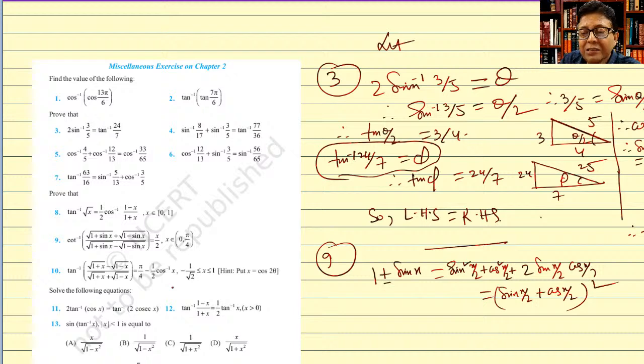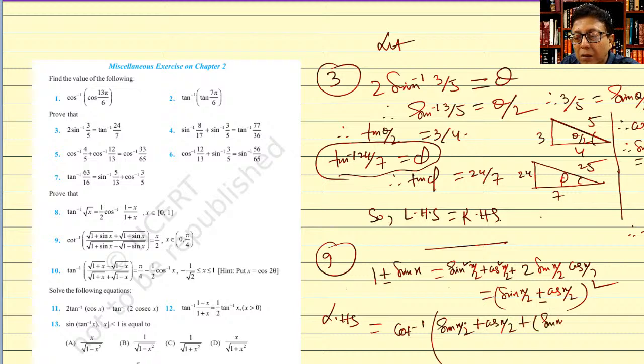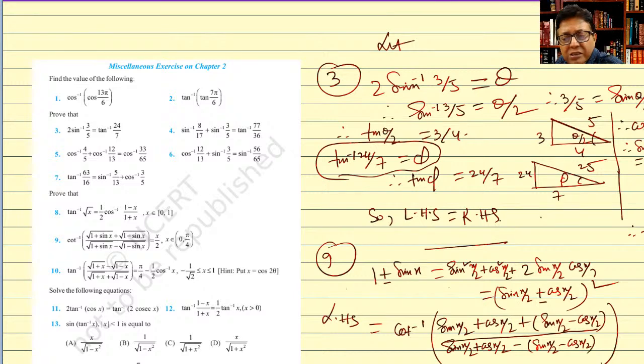If 1 minus sin x is there, there will be a minus sign. Cot inverse is divided by... How do you know that this is correct or wrong?